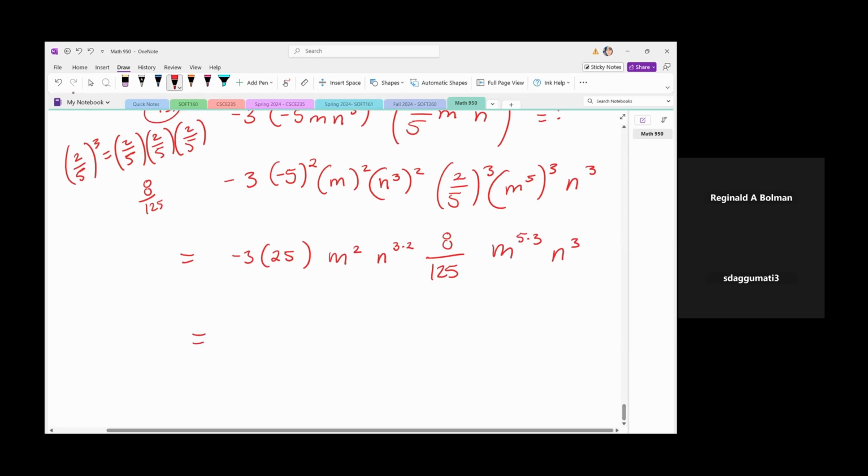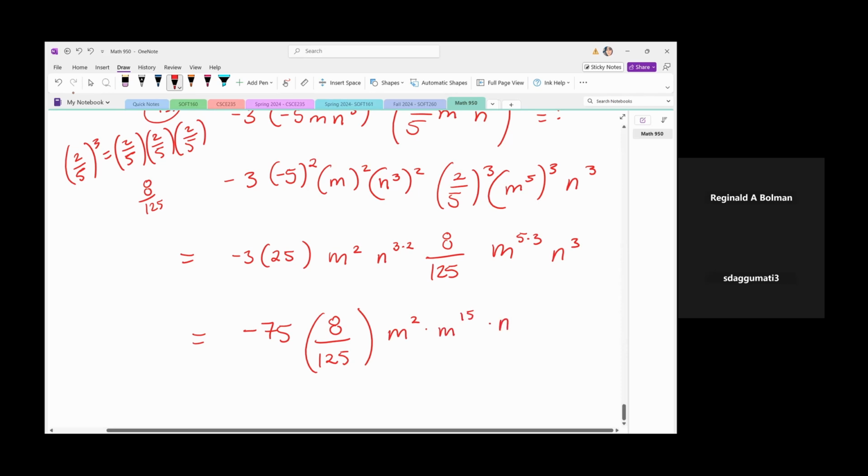Okay. So -3 times 25 is -75. I'm going to go ahead and pull my 8 over 125 forward just so that I can organize my numbers. And those who want to simplify this fraction can attempt to do so. But what I'm going to do instead is I'm going to look at trying to group my m's and my n's together. Note that m to the 5 times 3 is m to the 15th.